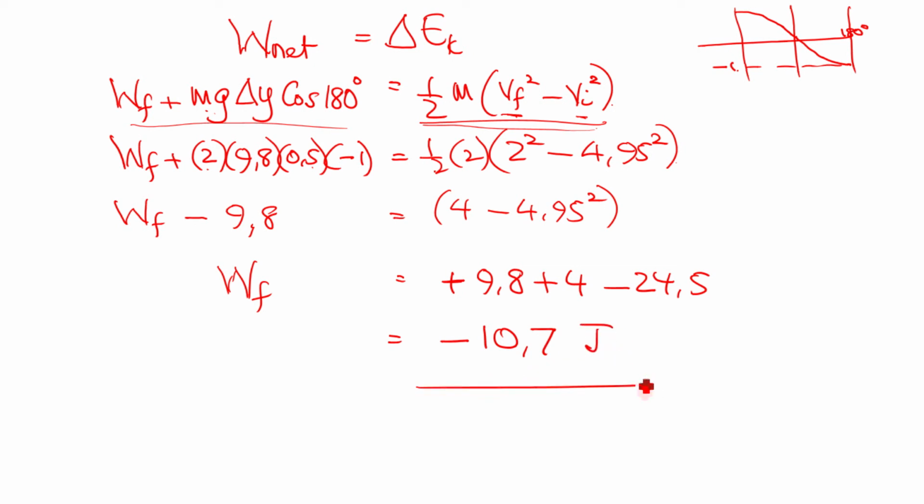So the work done by friction against the motion of the body is minus 10.7 joules. Okay. Right, let's move right on.